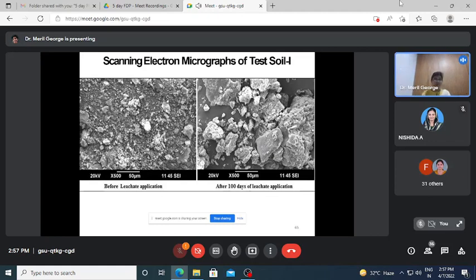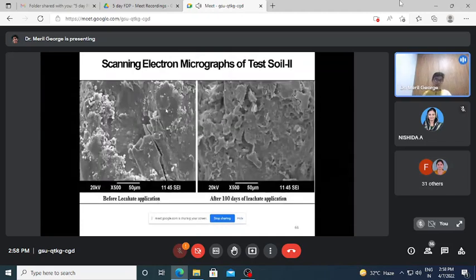So after 100 days, test soil 1 was showing some crumbs of flocks with a porous nature. So we can say that the reaction of chemicals in the leachate with soil led to the flocculation of soil grains with large pore spaces between each flock, and is responsible for the increase in porosity of the soil system.